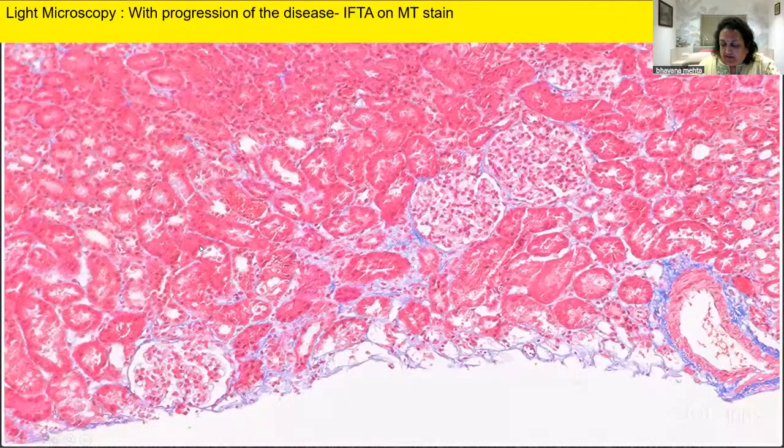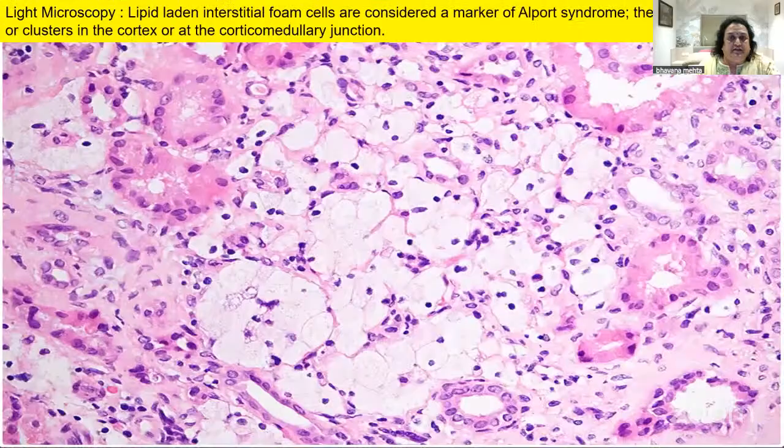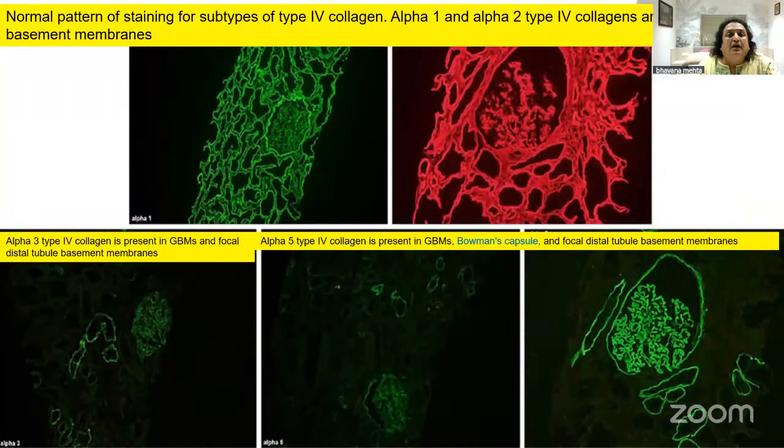How do we detect abnormality of the type 4 collagen? On the immunofluorescence study, normally, when we do the type 4 collagen immunostain, alpha 1 and alpha 2 type 4 collagens are present in all the basement membranes of the glomeruli, Bowman's capsule, and the tubules.